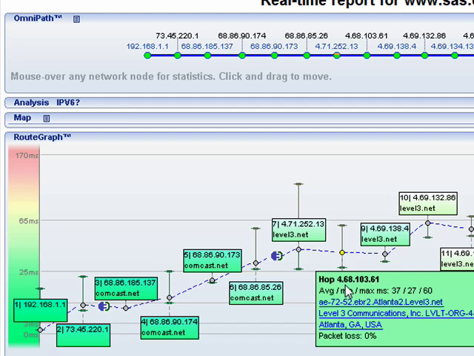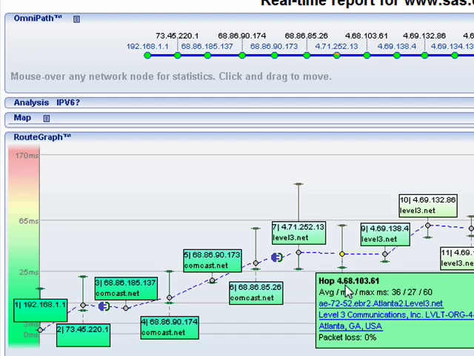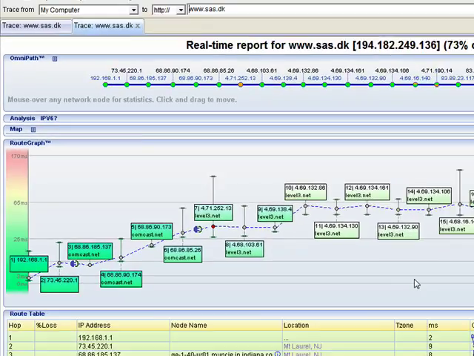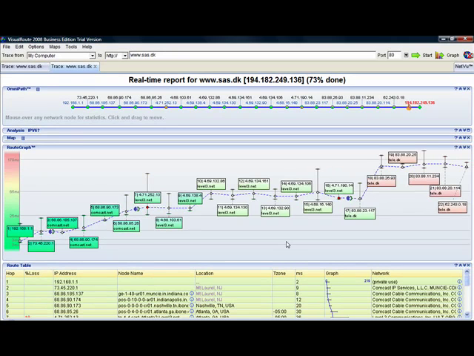It has the IP address of the router, it tells you who owns the router, and something about packet loss. So as you see, it took 22 hops, or 22 touches, to routers on the path from my home in Indiana to a server in Denmark.